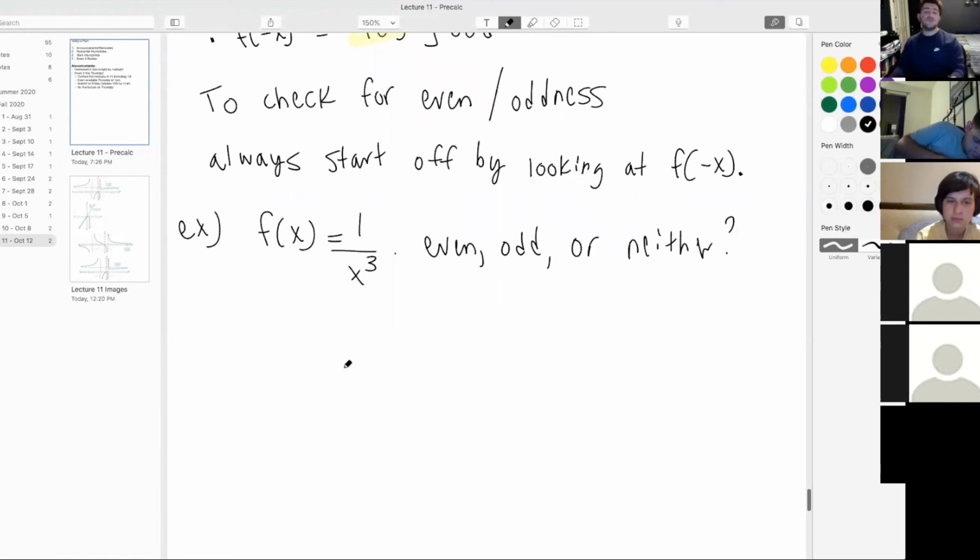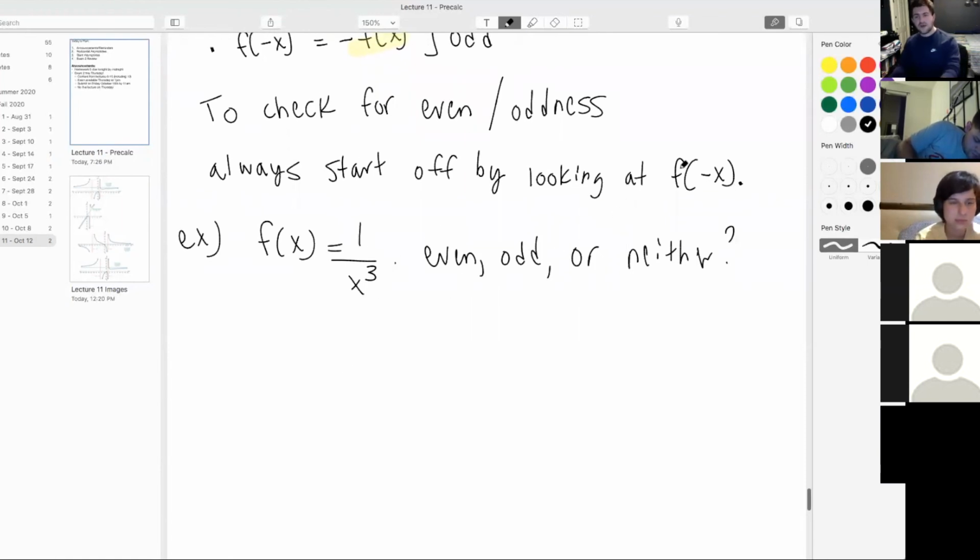What you need to do is always start off by evaluating at -x. So you look at f of minus x. That means wherever I see an x in the definition of f, I replace it with a -x. So this is the same thing as 1 over (-x) to the third power.